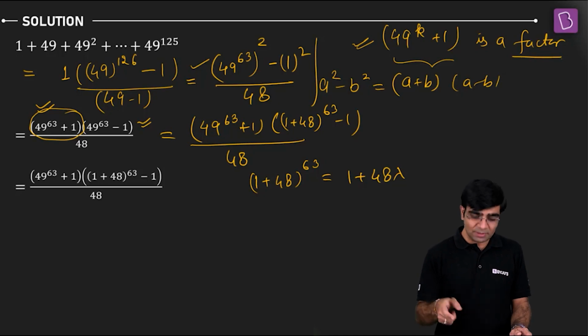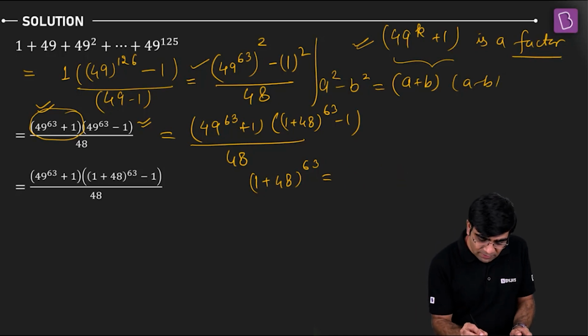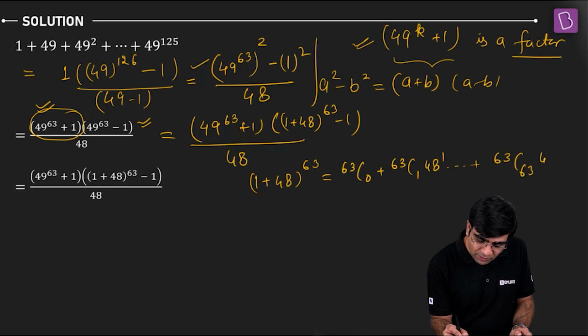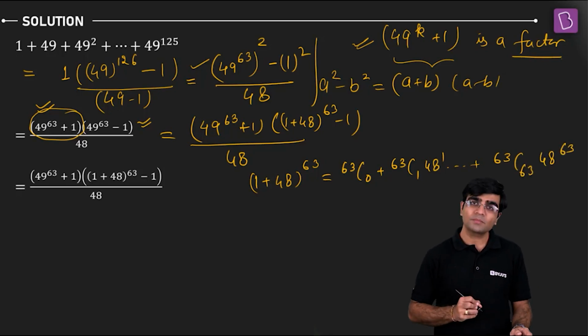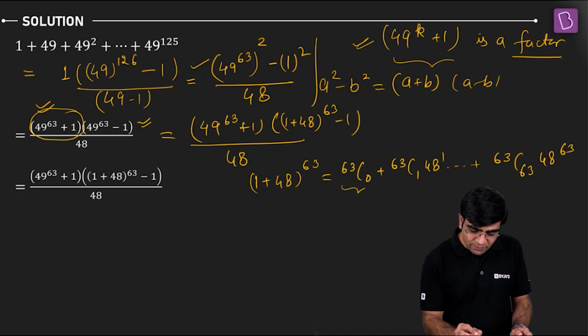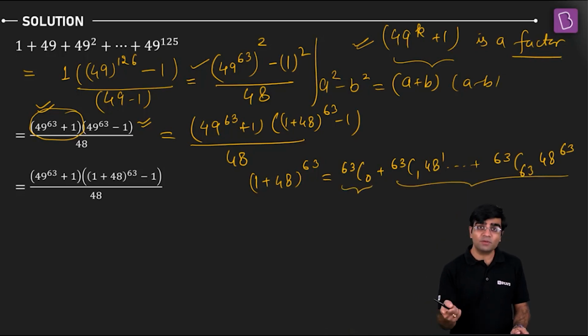Or if you want to put it in this way, this is nothing but 63C0 + 63C1 * 48^1 and so on, up to 63C63 * 48^63. Other than the first term, which is 1, all the other terms are multiples of 48. So they all can be written as 1 + 48 lambda.